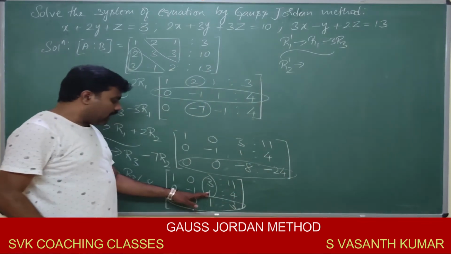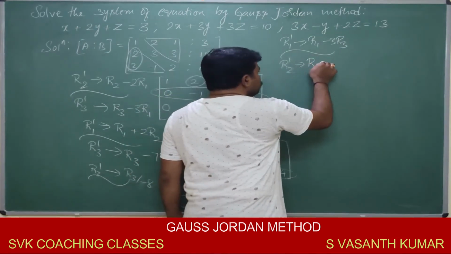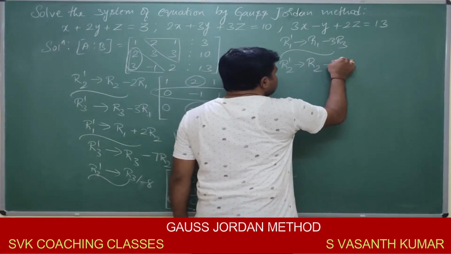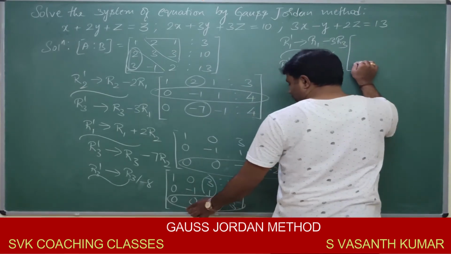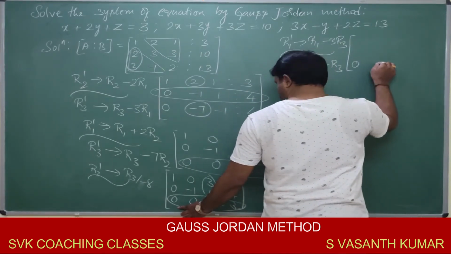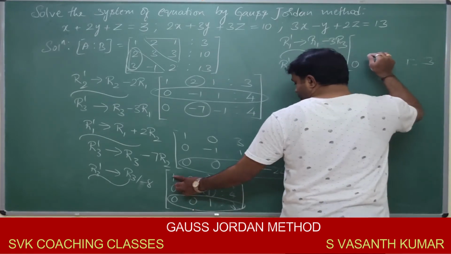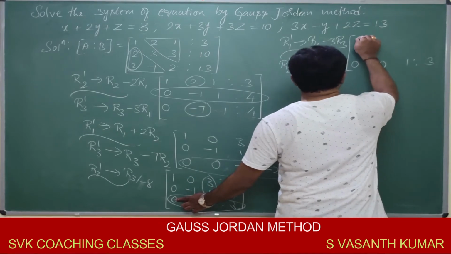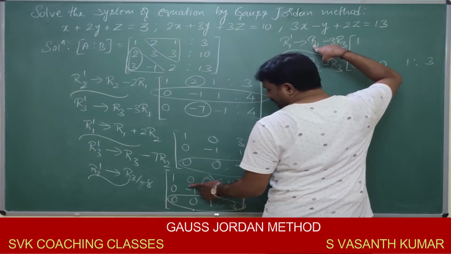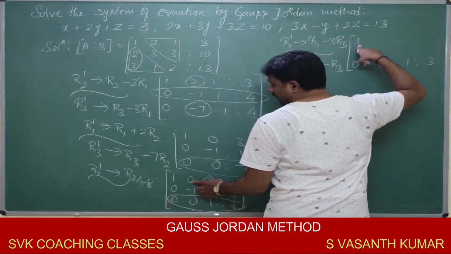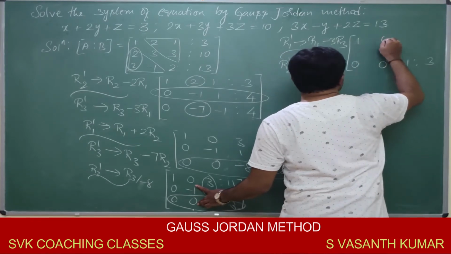Next, the R2 value is 1 here. 1 minus 1 will be 0, so R2 minus R3 is enough. The non-disturbed row is the last row, that is 0, 0, 1, 3. Since we are not multiplying R1 by any value, it is 1 here, and 0 minus 0 is 0 itself.